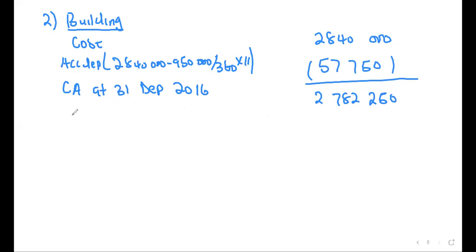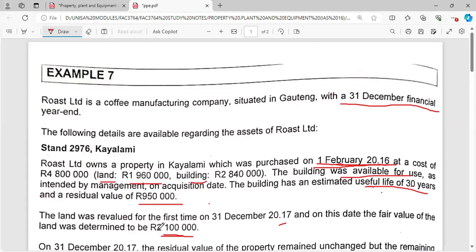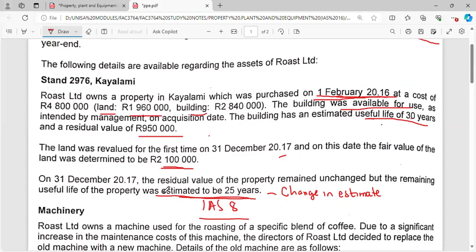Then the current year's depreciation. Let's look at the question, there's something that I saw. The question says on 31 December 2017, the residual value of the property remained unchanged, but the remaining useful life of the property was estimated to be 25 years.